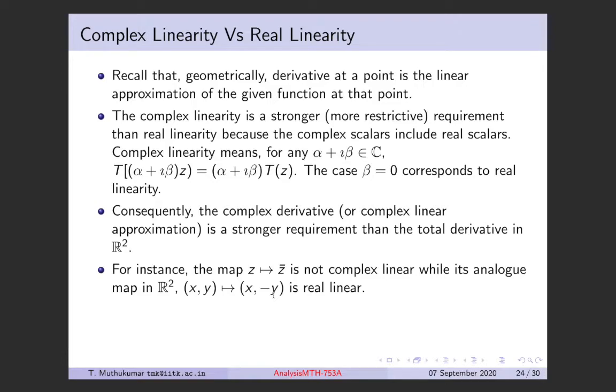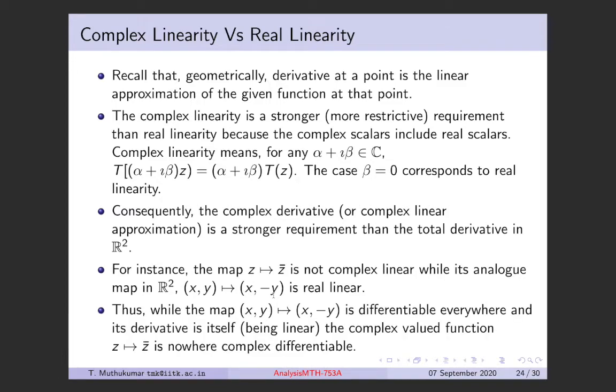whereas the same function in the complex plane was not linear, which means that (x, y) going to (x, minus y) is differentiable because it's a linear map. So the linear approximation of such a map will be itself. So it's a differentiable map, whereas the complex valued function, which we will see later, is not differentiable anywhere, right?